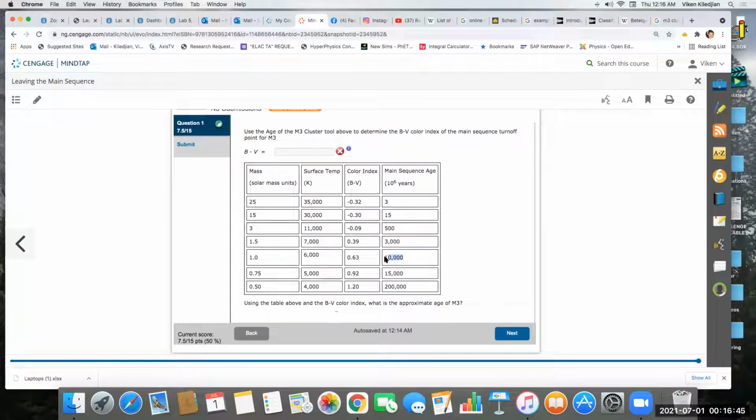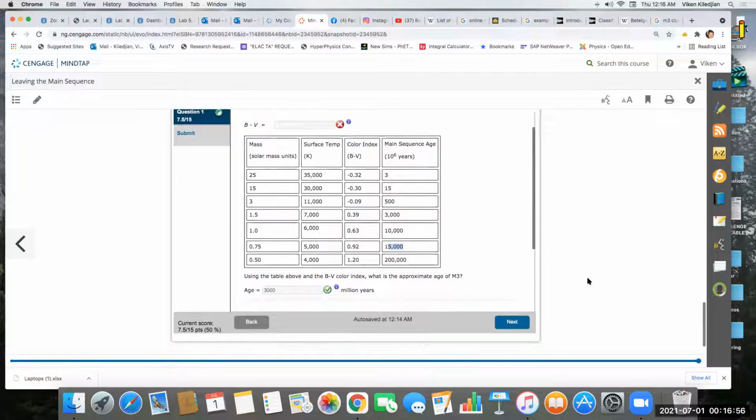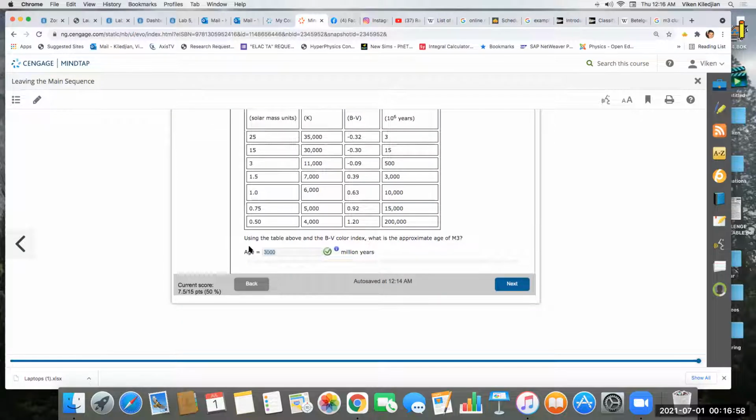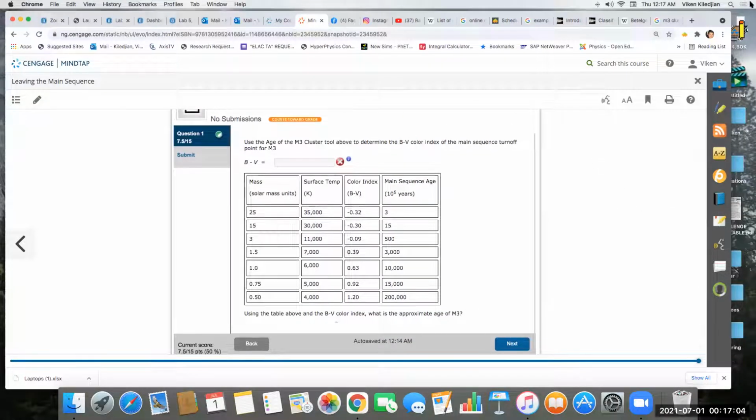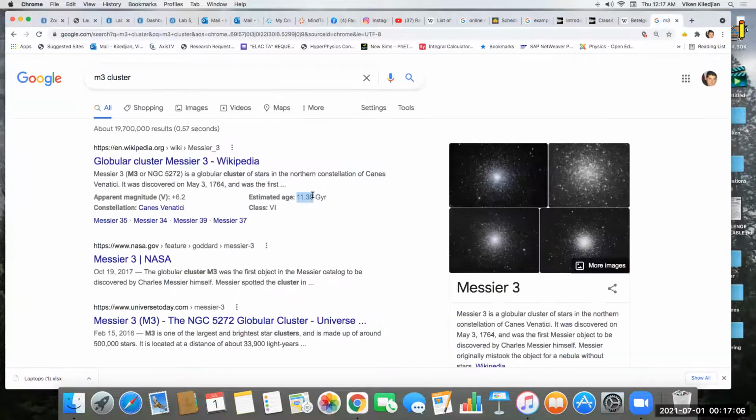You might not be exactly 0.63, you might be 0.65, so you might guess a year between this and this. There's a little bit of guessing on what number to put here, and hopefully as we get closer to this age, it should accept that answer. But base it off of your chart.